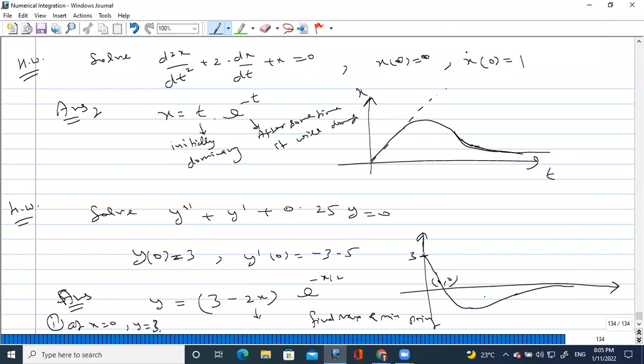So like this will be the curve, and this minima point you can find out, at what value it is minima. This is the maximum, this is the minima point. So this will be x minima, this is x, this is y. Note this down.